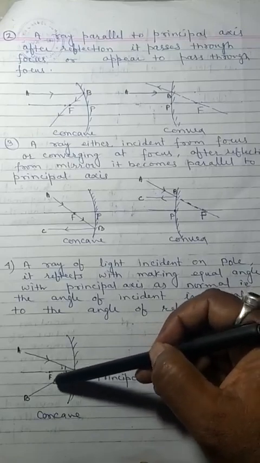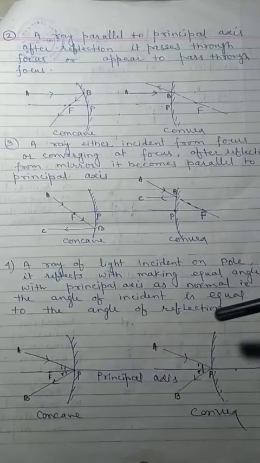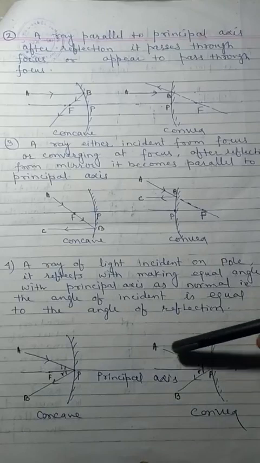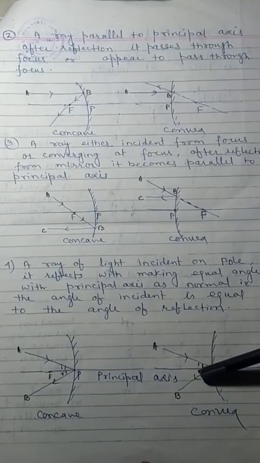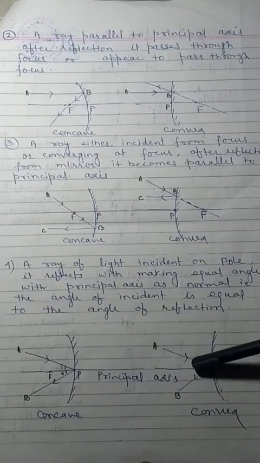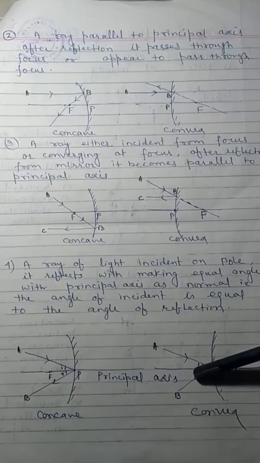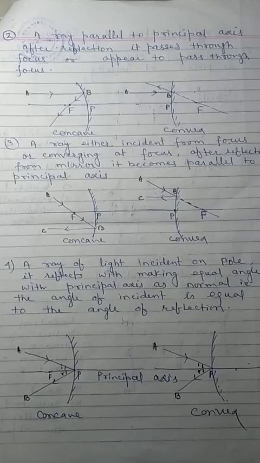Angle i is equal to angle r. And in convex mirror, it is incident at pole. After reflection, it makes equal angle. Angle i is equal to angle r. So there are 4 rays. Any 2 rays are taken to form image by a spherical mirror.